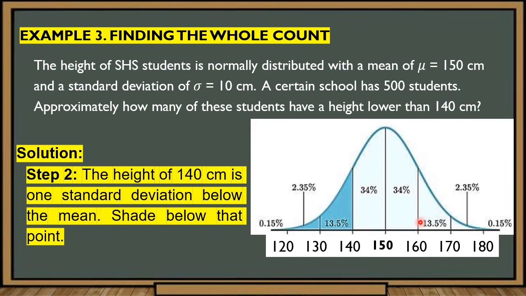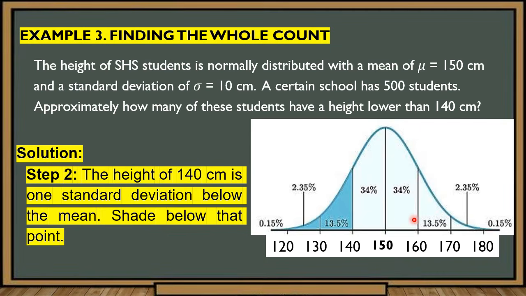Sa kanan ba or sa kaliwa? Of course, since the heights are lower than 140, we are going below the mean, to the left of 140. So, dito natin makikita ang mga heights na lower than 140, such as 139, 138, and pababa hanggang sa 120.